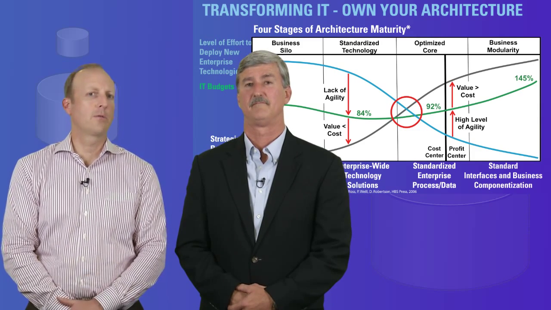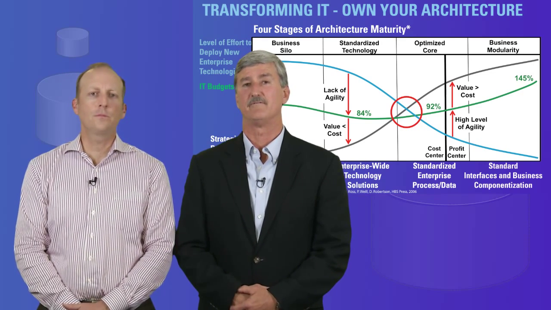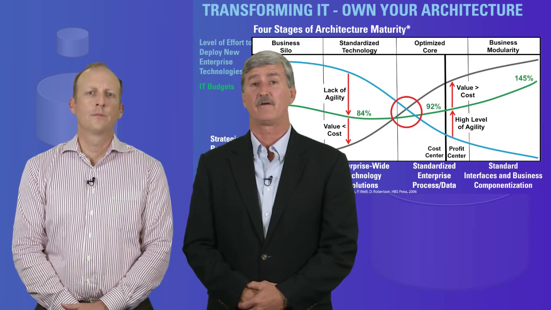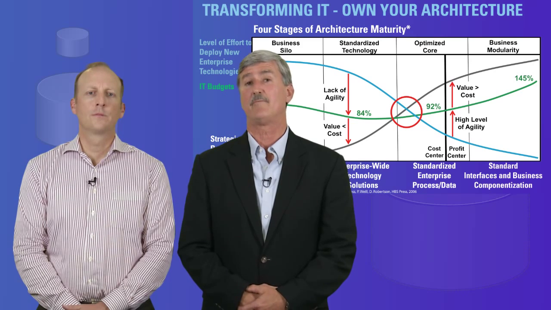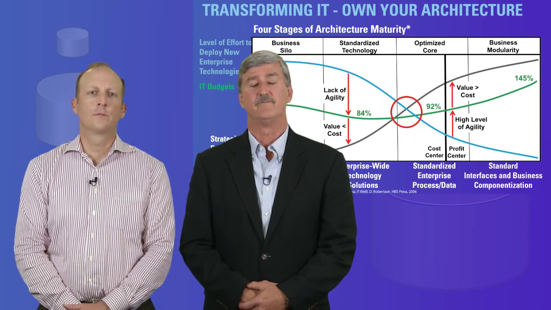Do you want to add anything, Ron? Yeah, I really want to focus on optimizing the value of IT. That's what we see as the biggest benefit of having an architecture vision like this and getting your organization to focus on moving from the left to the right in these architecture maturity stages. It really can be transformational for IT shops, the ones that we've worked with over the years, as they go through this process.